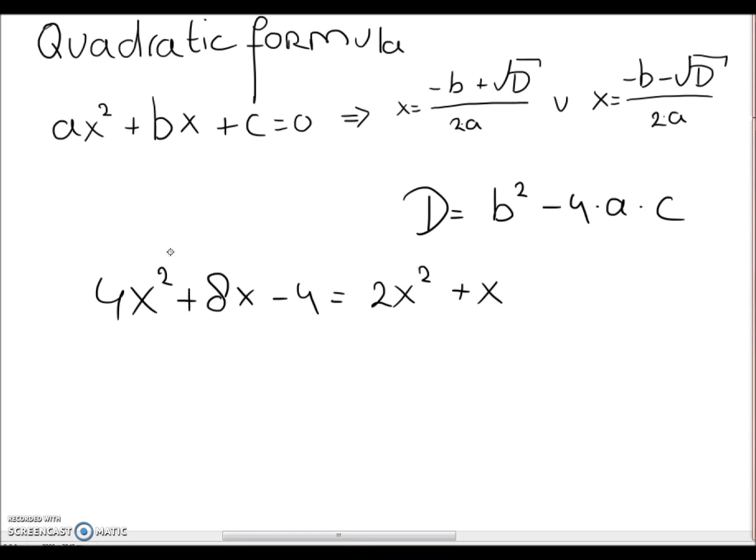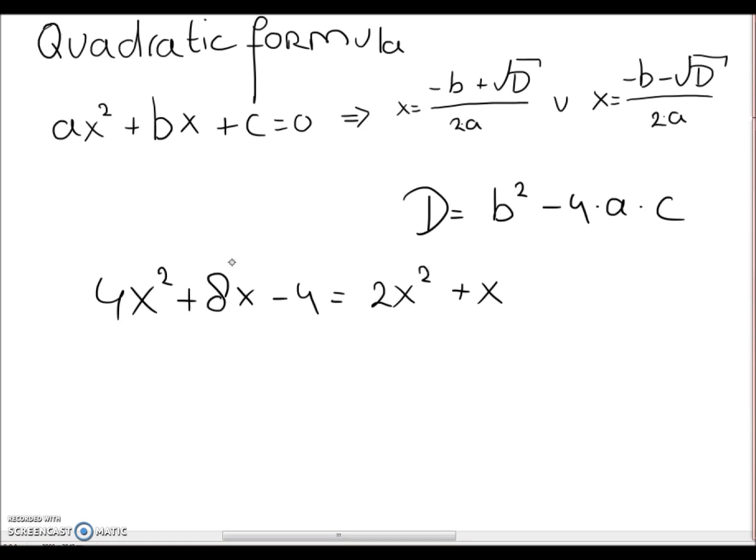Well, first off, we cannot use the quadratic formula right away because we don't have the equation in the form ax squared plus bx plus c is 0. We have something without a 0 on this side. So first we have to make the right hand side 0.